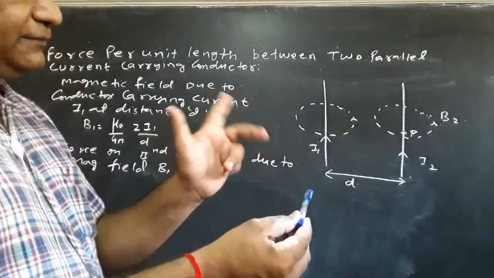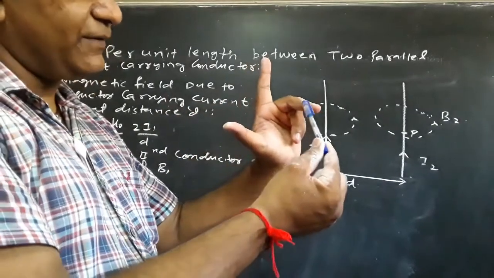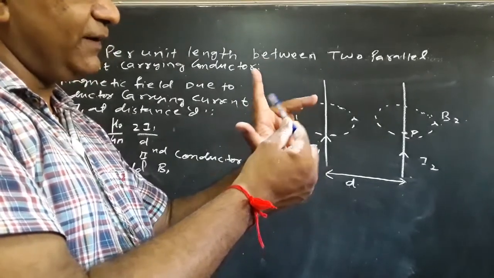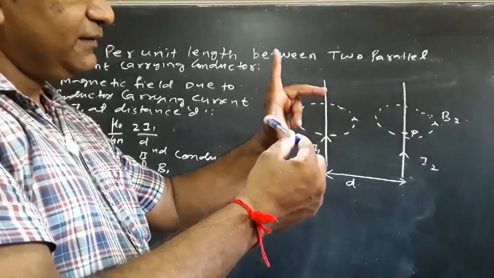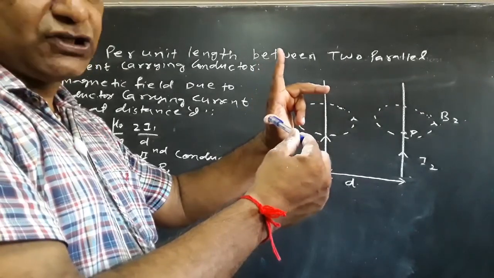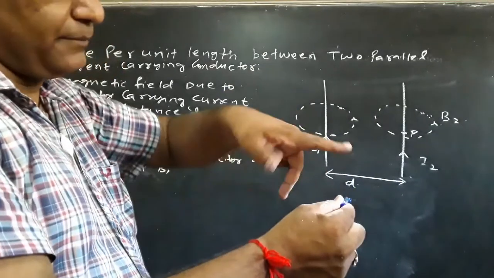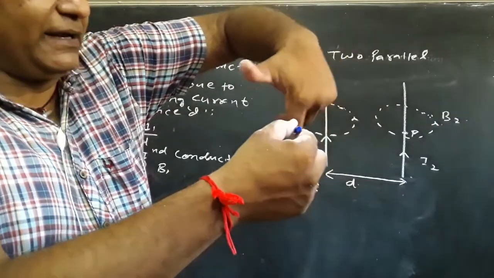Now we can apply Fleming's left hand rule. According to Fleming's left hand rule, this forefinger gives the direction of magnetic field, this central finger gives the direction of current, and this thumb gives the direction of force. Now we can say like this: forefinger in this direction, magnetic field downward.